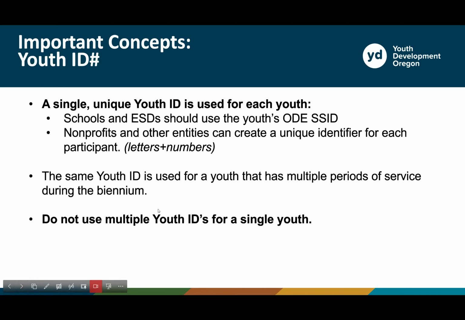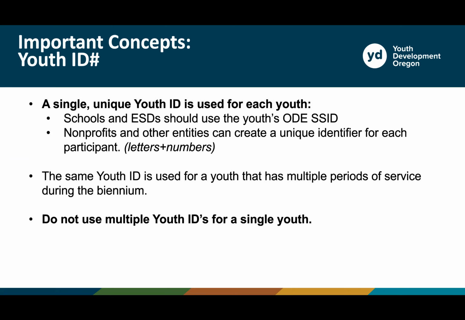Okay. Another concept I wanted to cover today is a youth ID. A single youth ID is used for each youth on the data report. Schools and ASDs should use the youth ODE SSID number. Nonprofits and other entities can create a unique identifier for each participant.